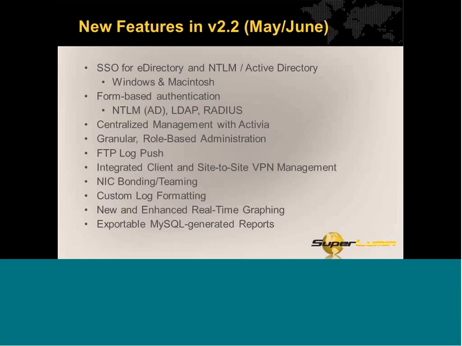In 2.2, we are adding support for NTLM, meaning Active Directory, and supporting Windows and/or Macintosh clients for either of those environments. We're also adding additional form-based authentication if you aren't able to take advantage of the single sign-on. You can use an NTLM backend, a generic LDAP backend, or a Radius authentication source.